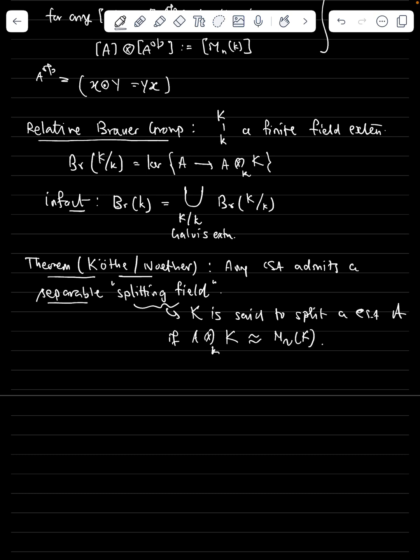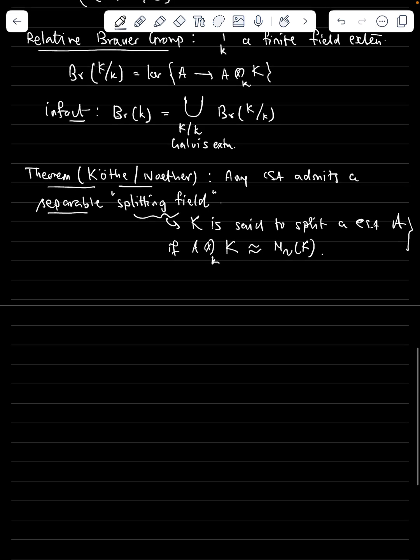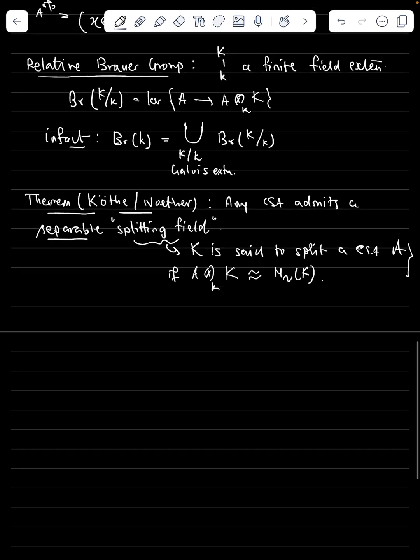This is what you mean. And you can show that among all those splitting fields, there is at least one of them which is separable. And now it becomes easy because then any separable field you can look at its normal closure to make it into, say, a Galois extension. So you can always find a splitting field that's Galois. So by this, one can show that this Brauer group of K is indeed the union of all such things.